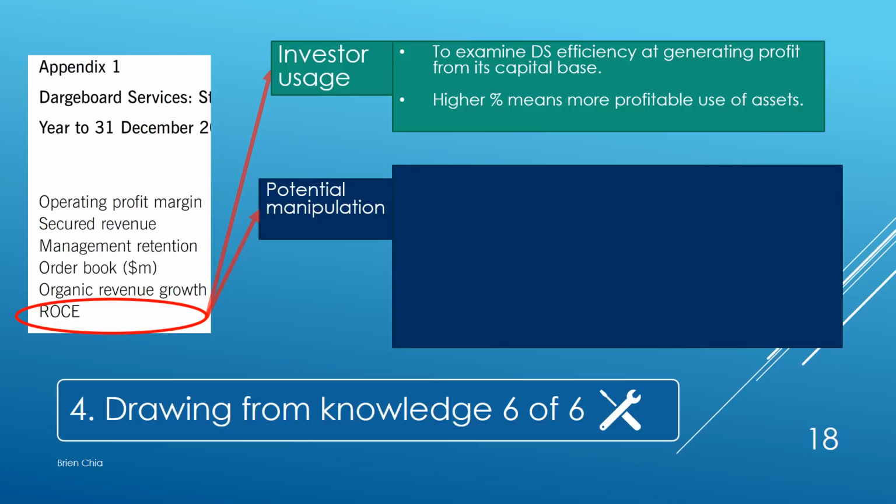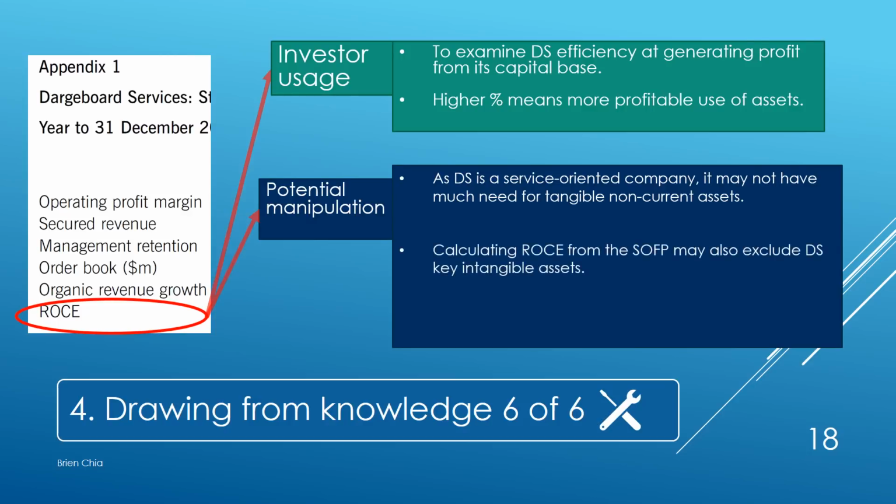The thing is, we need to keep in mind that DS is a service-oriented company. So it does not have much need for tangible non-current assets. You don't need a giant building, you don't need a factory, you're providing services, you don't need all that. So your capital base is going to be small compared to maybe a manufacturing company.